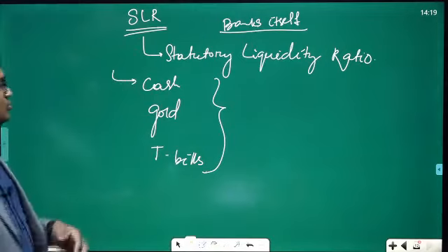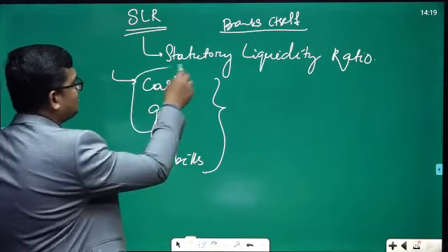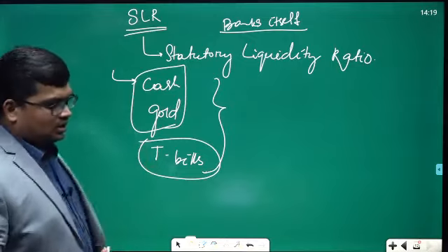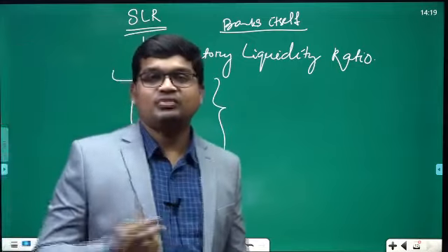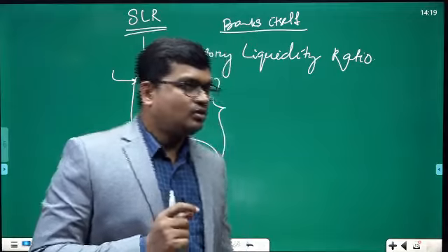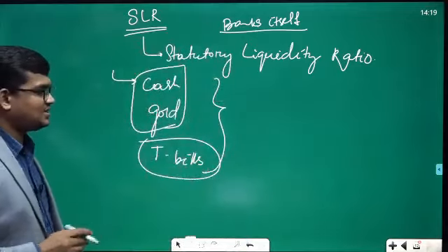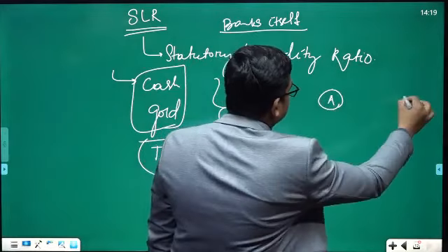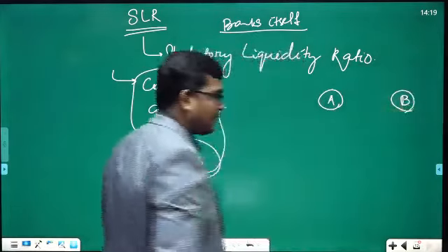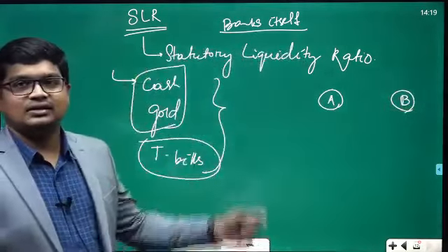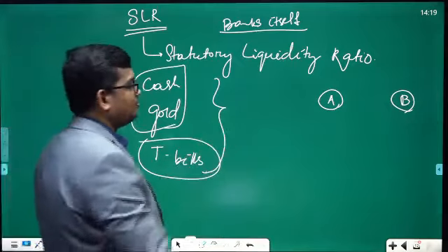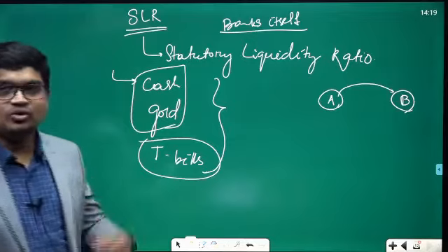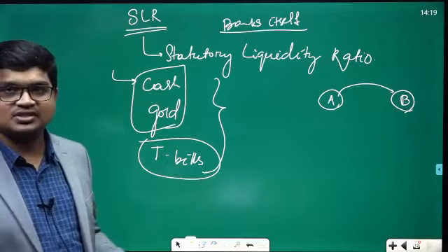I think you know the first two, but what is a treasury bill? Suppose I give you one example. Person A purchased some product from B, and A could not pay at the time of purchase.